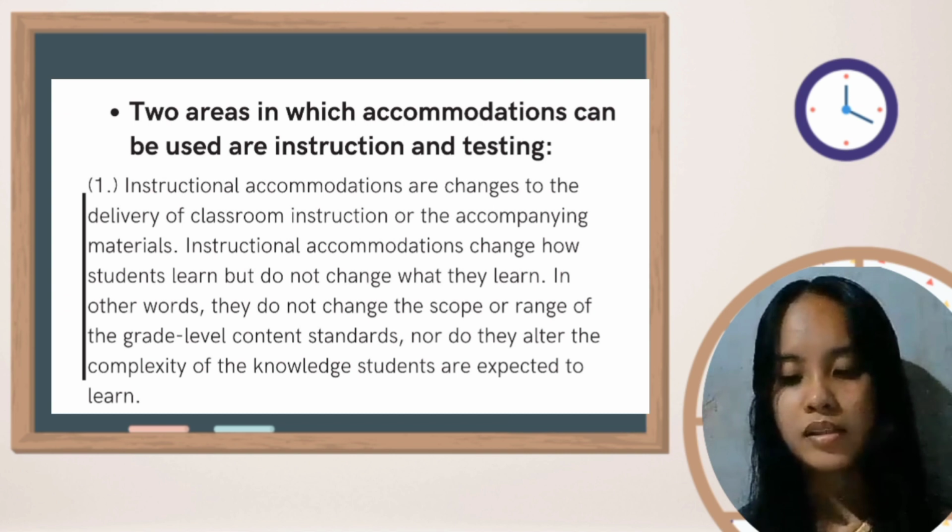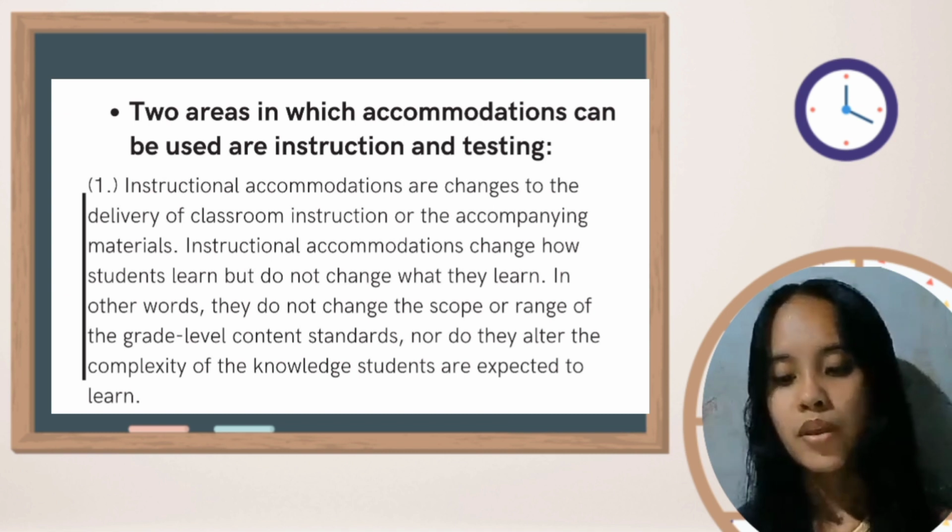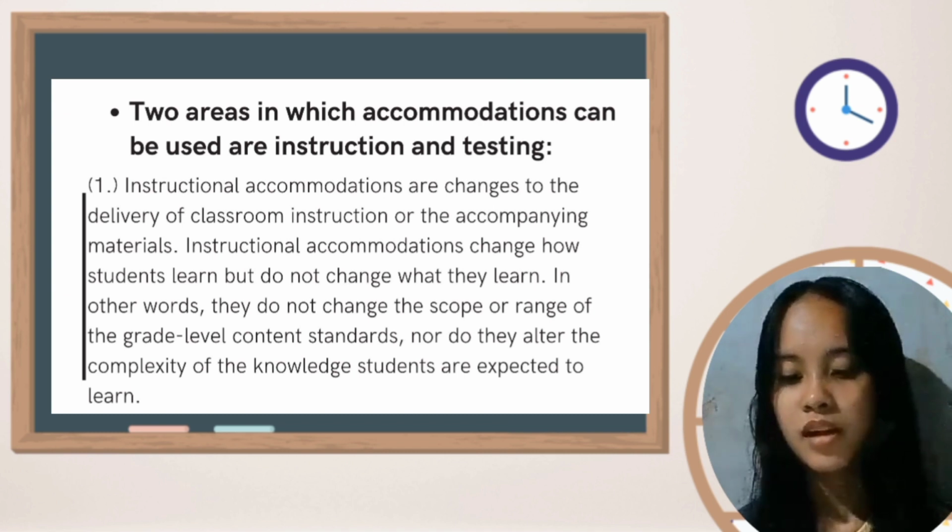One of the ways to increase students' access to academic content standards through instruction in the general curriculum is by using instructional accommodations. Accommodations are changes in the way a student accesses learning, without changing the actual standards a student is working towards.